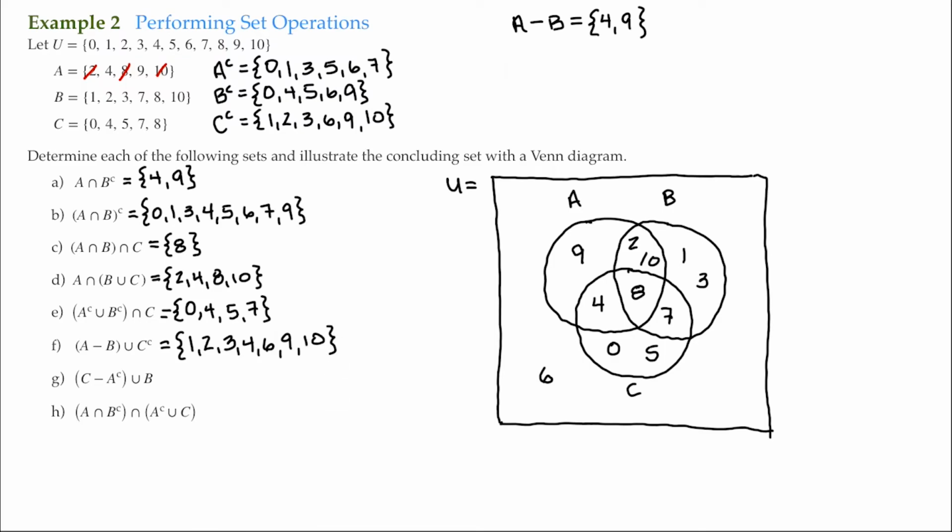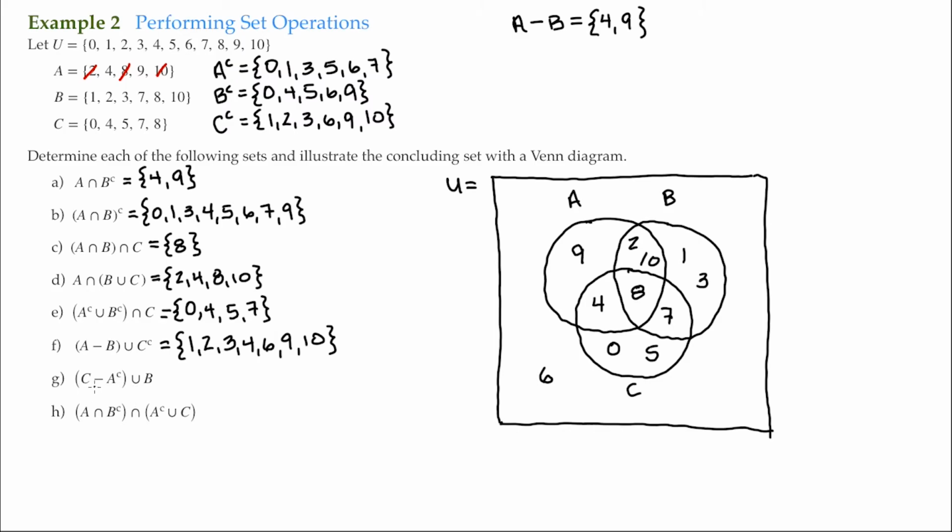Of course, the corresponding Venn diagram. I just highlight 1, just to give me an idea of what I have to color in. 2, 3, 4, 6, 9, and 10. So I'm going to color in all of this. And there you go. Let's move on to G.